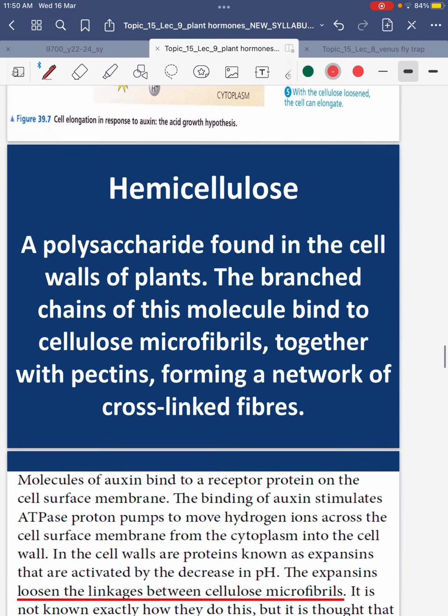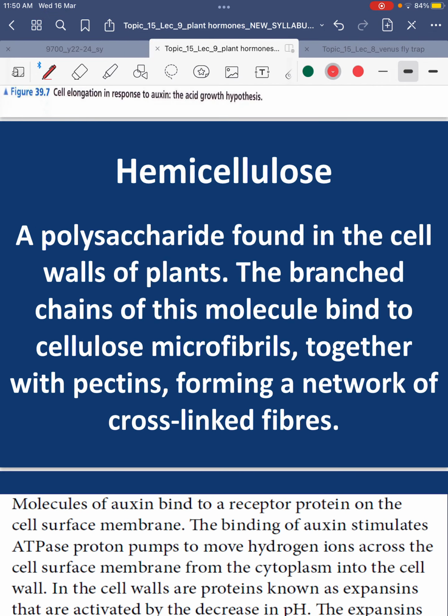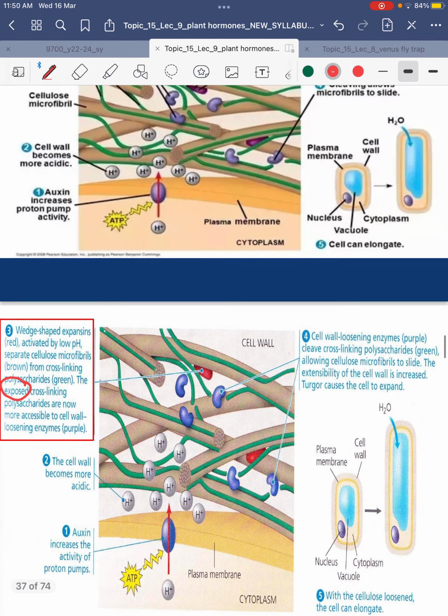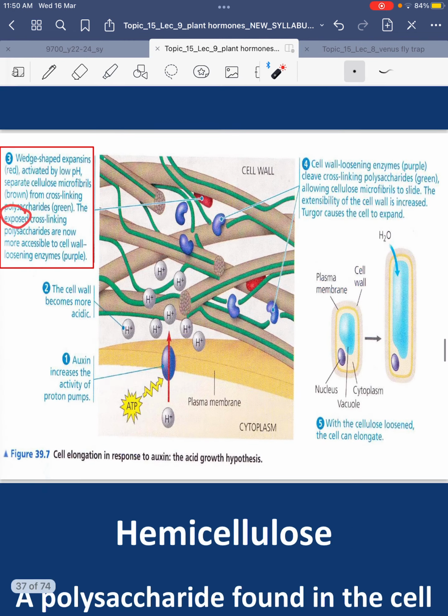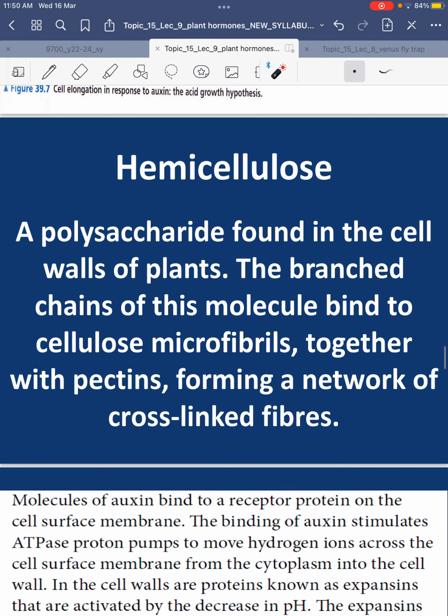Okay, so now just a few definitions. What is hemicellulose? The hemicellulose is the crosslink. Remember, this is the hemicellulose, the green color here. This is the crosslink. What is this hemicellulose? This is taken from the Oxford Dictionary of Biology, so it has high credibility. You can trust this information. It is a polysaccharide found in the cell wall of plants.